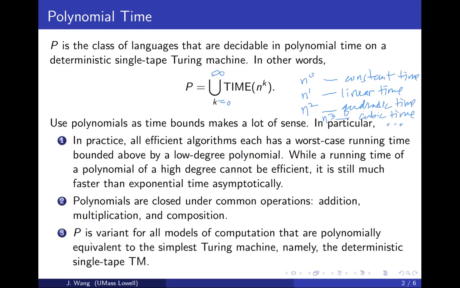In general, any problem that can be solved in polynomial time is considered efficient.